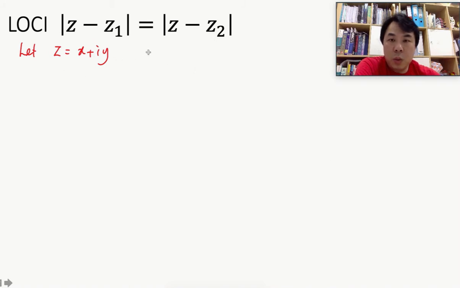So I will let z1 be a + ib, for instance, and then z2 be c + id.